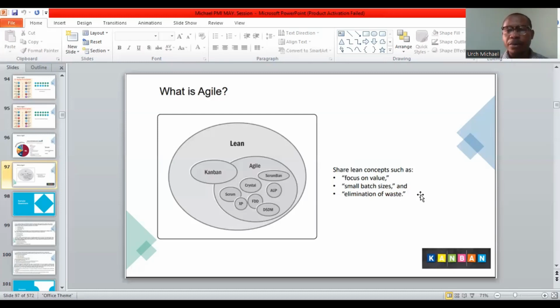The essence of that is that if you have requirements on ground and you have time that is fixed, as much as possible you want to make sure that you deliver within the timeline. If you have work you can finish in 2 weeks, and then you decide to leave it for the next 6 weeks, or you have the luxury of time and your plan says you're going to finish this work in the next 8 weeks, but you know so well that you can finish it in 2 weeks, that is waste.